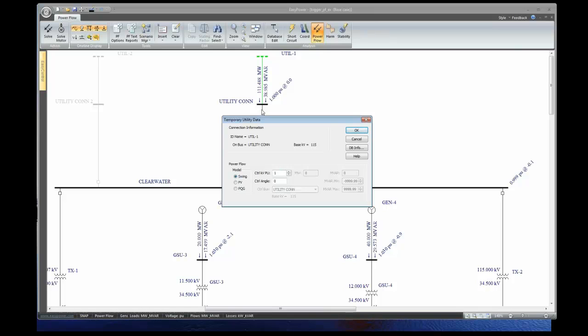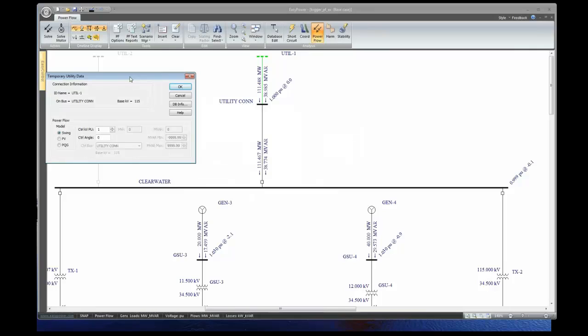So the program's always going to make this come out so that voltage stays 1 per unit. This is your source utility voltage. So if I don't change anything else and the utility voltage goes up, say it goes up to 1.02 per unit, what's going to happen is I'm going to have more VAR flow here.